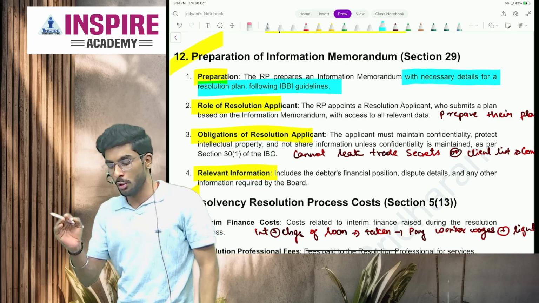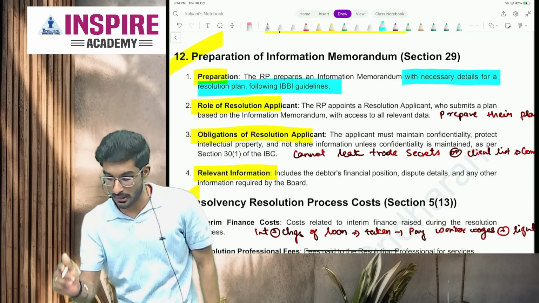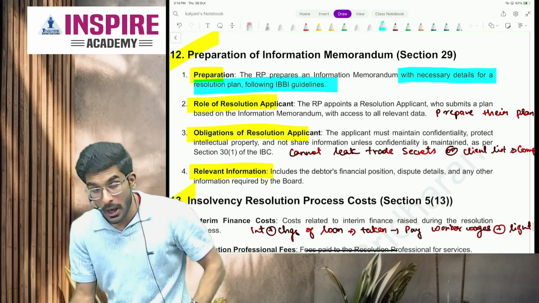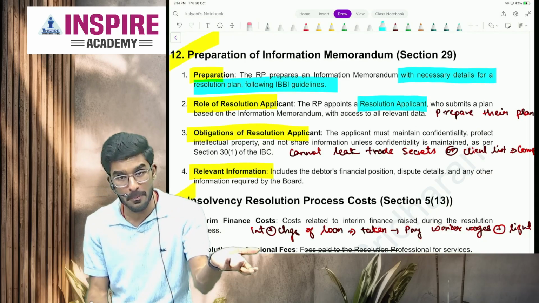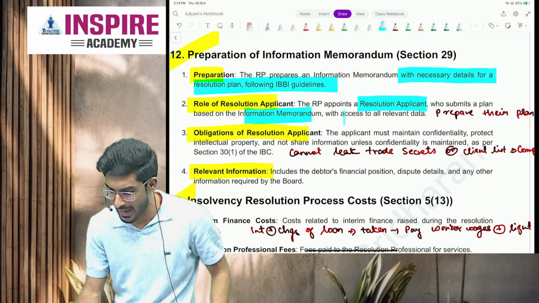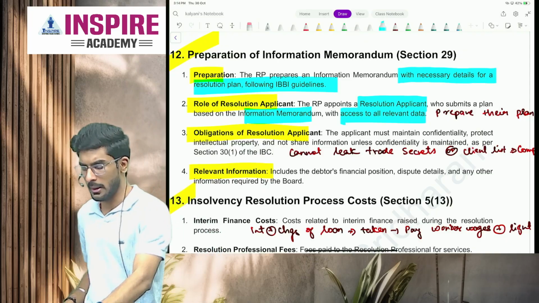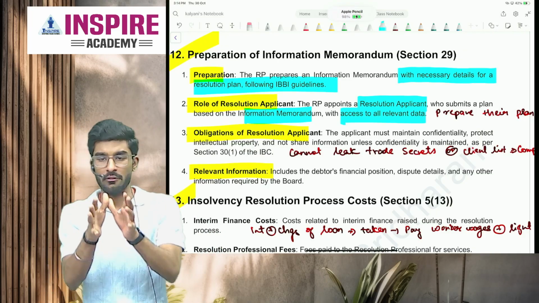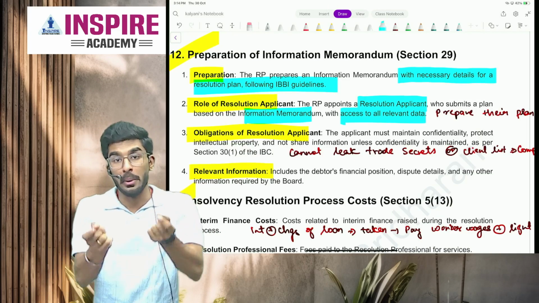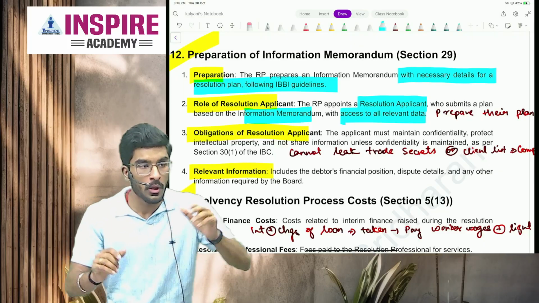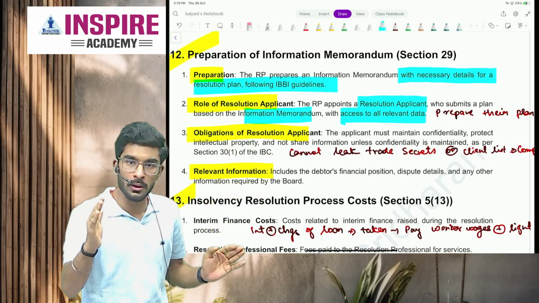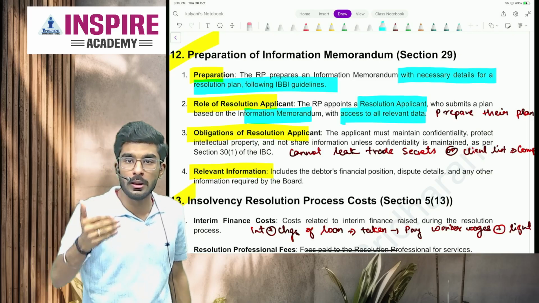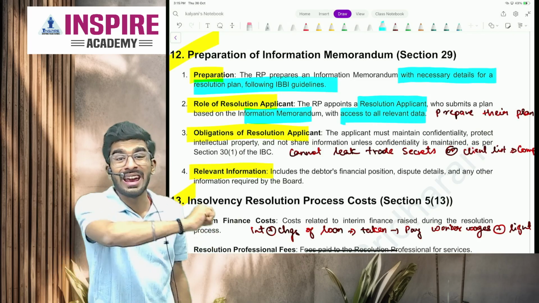Number 2 is role of resolution applicant. The RP appoints a resolution applicant who submits a plan based on the information memorandum with access to all the relevant data. First of all, the information memorandum will be prepared. Now, based on this information memorandum, there might be hundreds of resolution applicants, but the one who fulfills all the criteria will only be entertained.